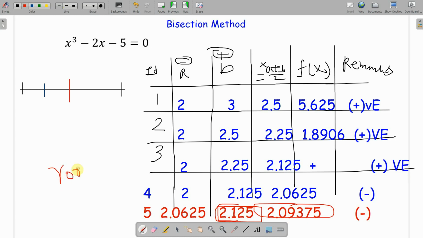So I will suggest you, or I'll ask you specifically, or in the questions you will see that up to the 6th iteration, then you will be doing up to the 6th iteration. And what's the root you are getting? The root x6. What is the value of x6? 2.1093.